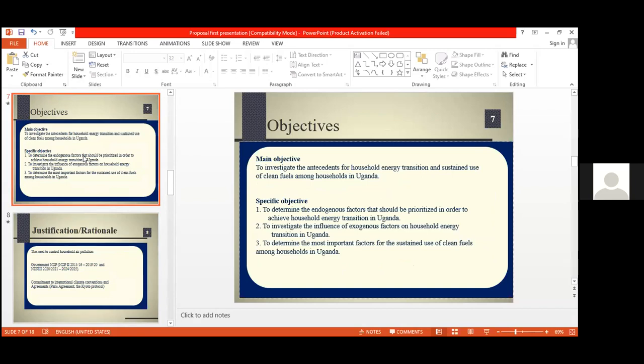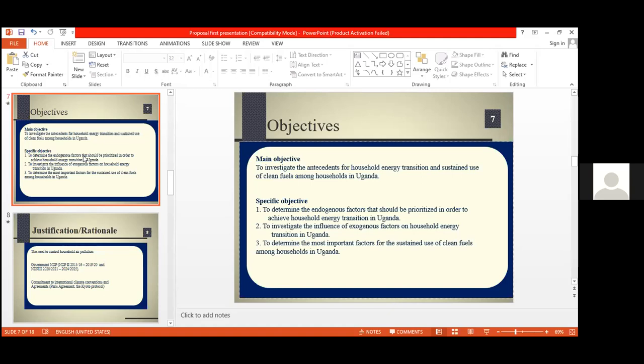I thought that investigate is the general action verb, and when we come to specific objectives, we break down that general action verb into measurable, straightforward action verbs which are accommodated within the general action verb, investigate. So we can revisit the use of the action verb investigate in specific objective number 2.